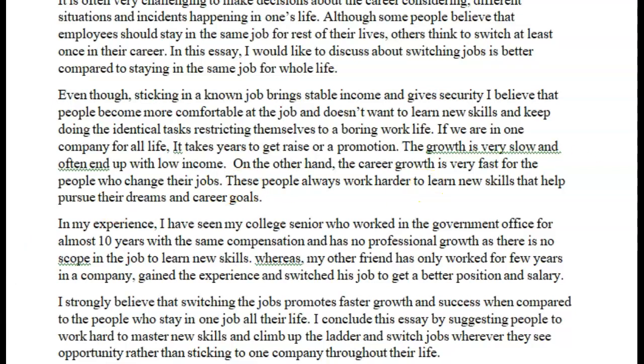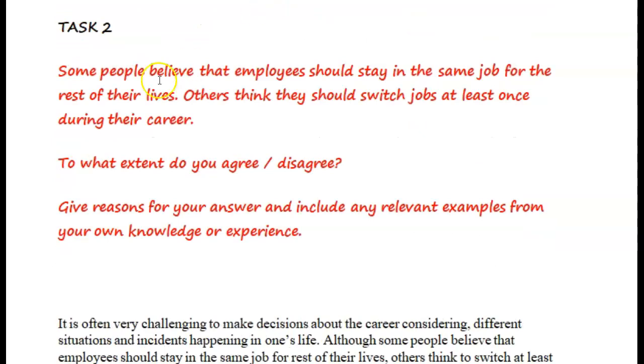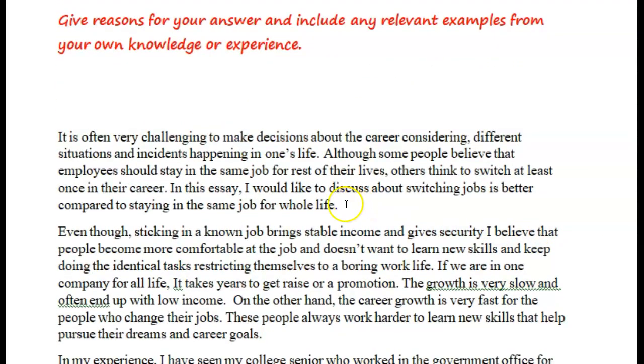So the next thing that I want to talk about is the actual task itself again. It says, some people think this, others think this. To what extent do you agree? So what did you answer to this? You said, I would like to discuss why switching jobs is better. Okay. I'm struggling with this because you used this comparison.